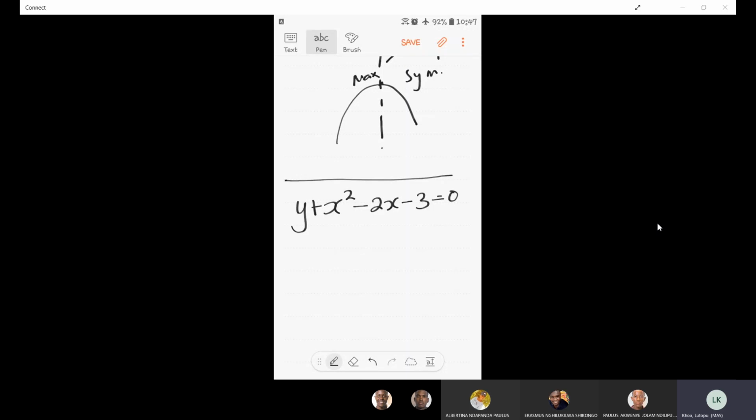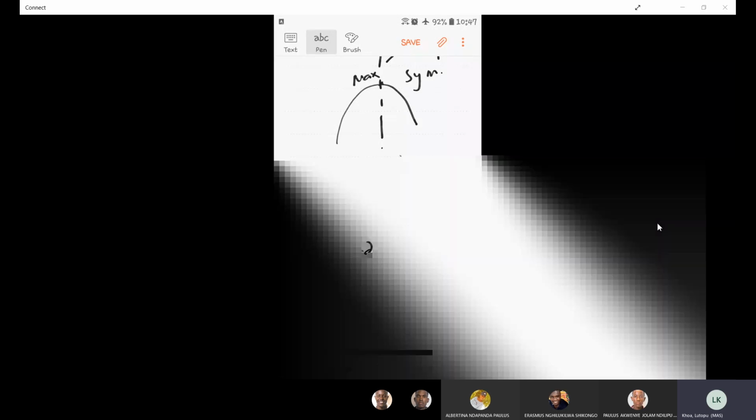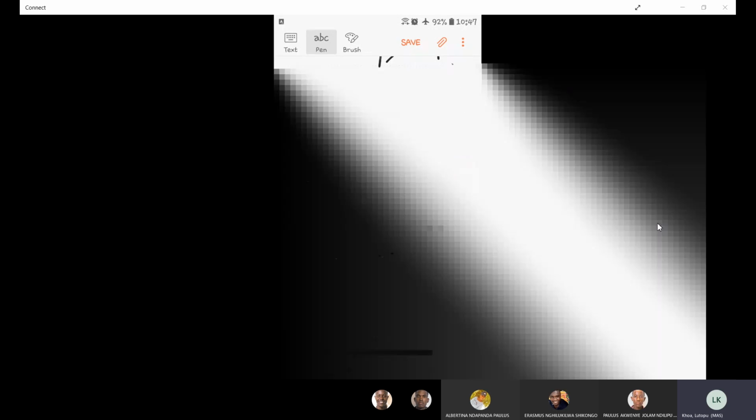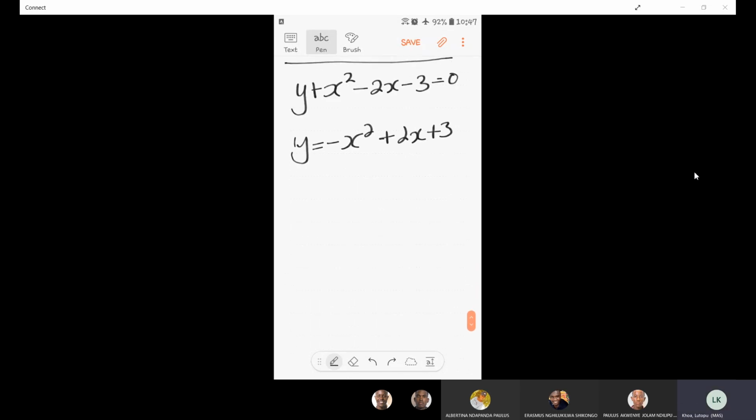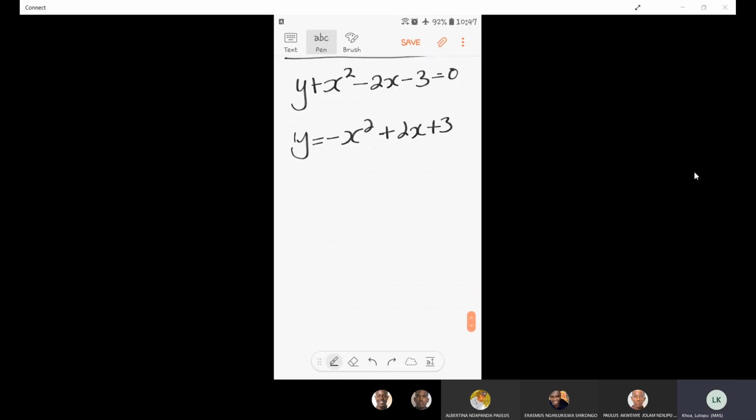I have y by itself. So I will have y is equal to negative x squared plus 2x plus 3. So I've written it in standard form. Now I need to determine the shape.